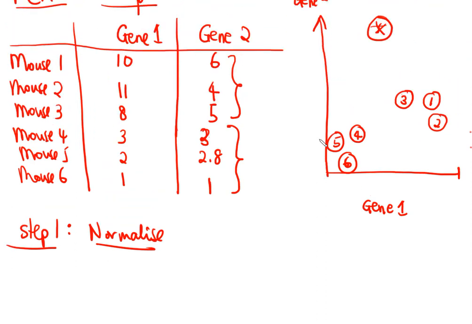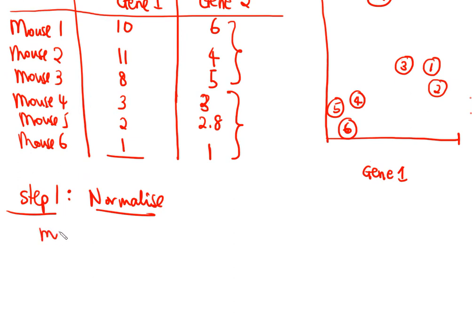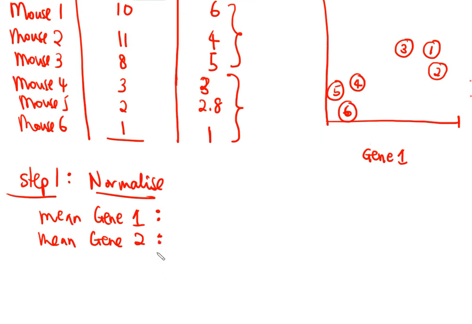When we normalize, let's get the mean of gene 1, and then the mean of gene 2. Let's drop the numbers for now.